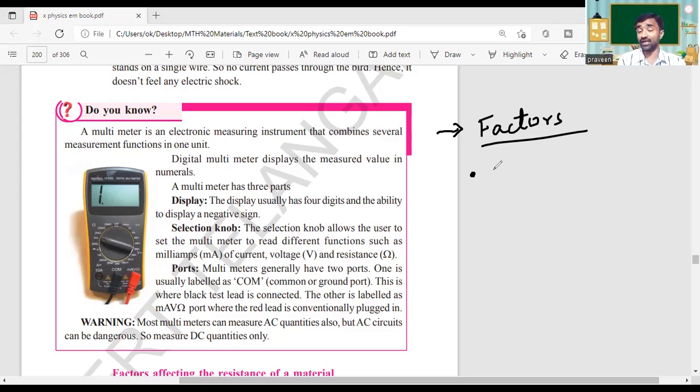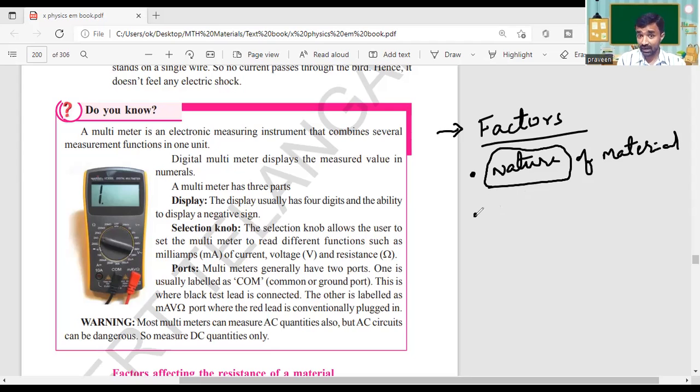Based on the availability of free charges, they may act as conductors or insulators. So the nature of the material affects the resistance. Some have more resistance, some have less, depending on the substance used to prepare that wire.